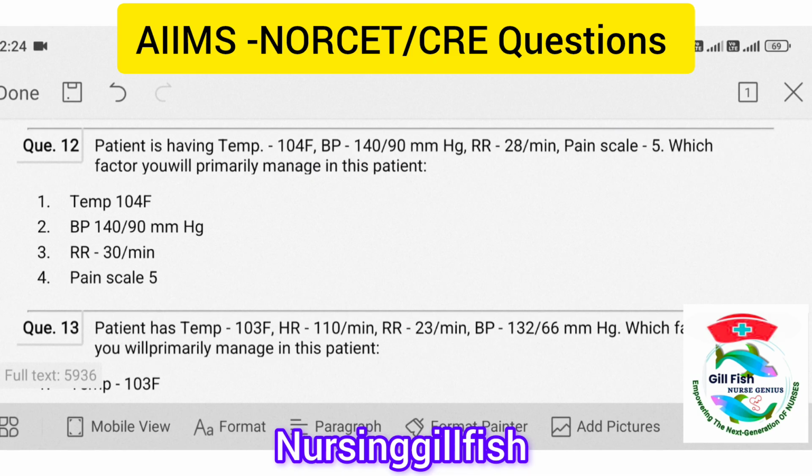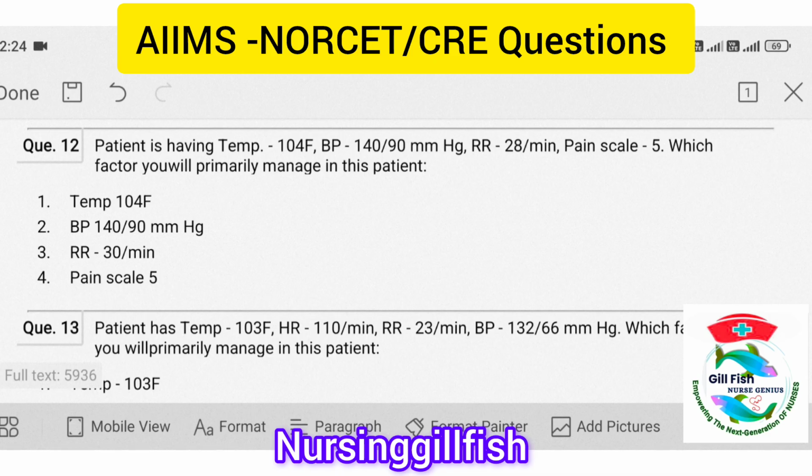12th question. The patient has temperature 104 degrees Fahrenheit, BP 140 per 90, respiratory rate 28 per minute, and pain scale 5. Which factor will you primarily manage in this patient?